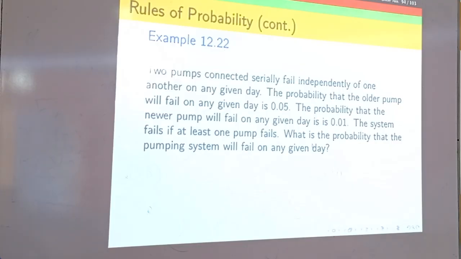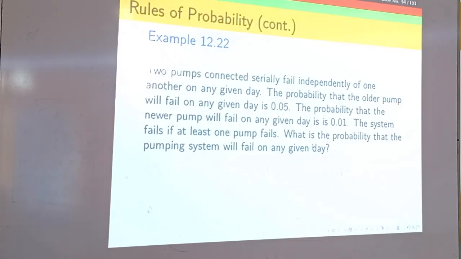The probability that the older pump fails on any given day is 0.05. The probability that the newer pump fails on any given day is 0.01. The system fails if at least one pump fails. What is the probability that the pumping system will fail on any given day?